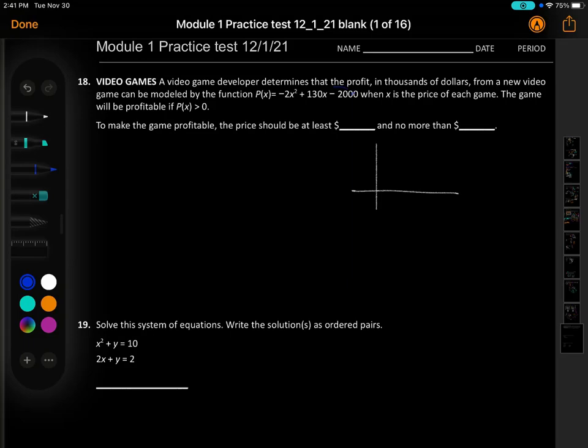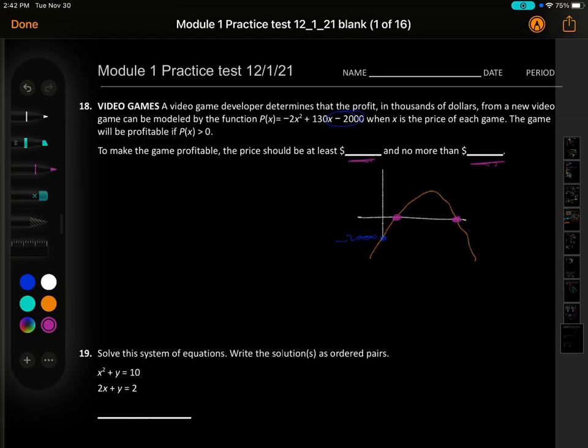All we have to do is just negative 2,000. Basically we're finding this point and that point. Let's see if it can be nice and easy to us. Negative x squared plus 130x minus 2,000.